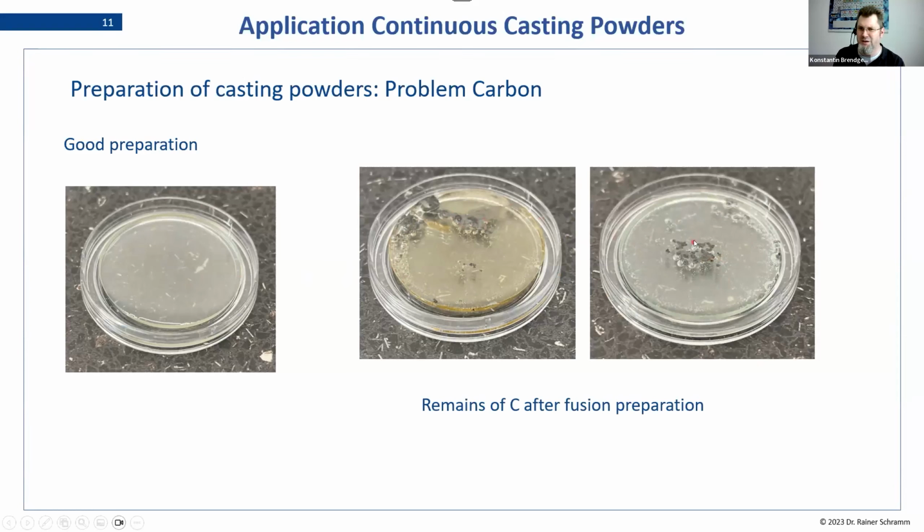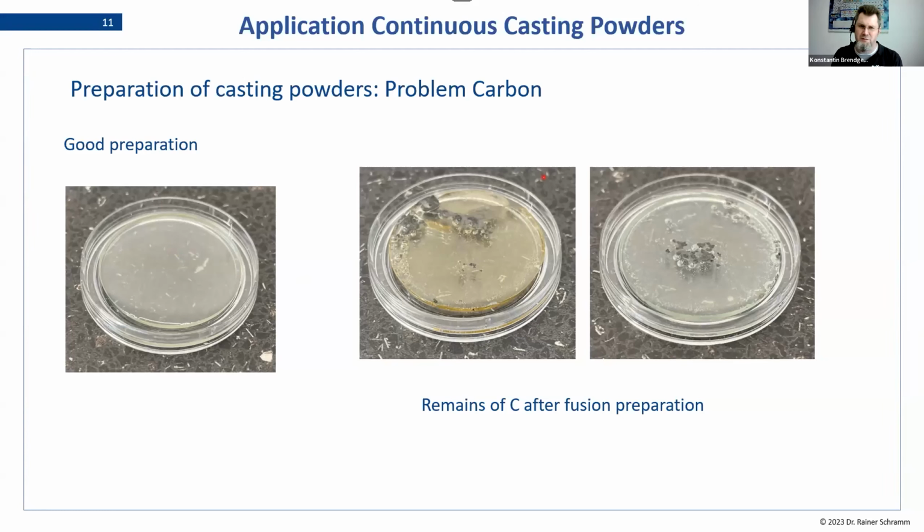This one was done directly, although I think this one is a different sample, but these two are the same, with different pretreatments. So the problem we have is if our sample contains a lot of carbon, we need to get rid of that before fusion.